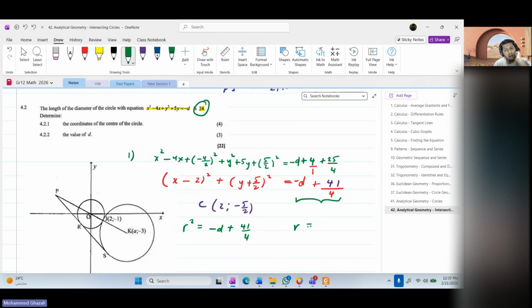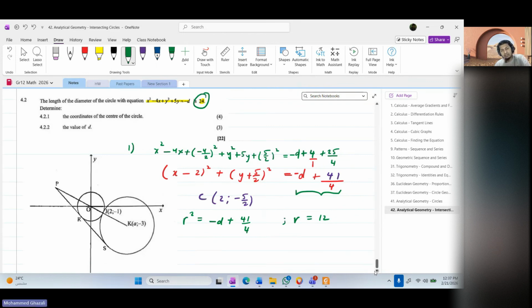But now the r is 24 divided by 2, which is 12. So you need to say 12 squared here, which is equal to negative d plus 41 over 4.